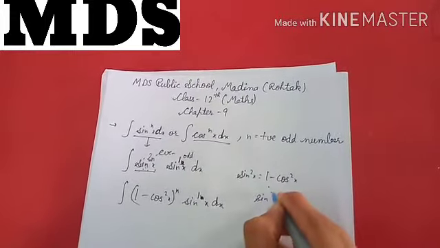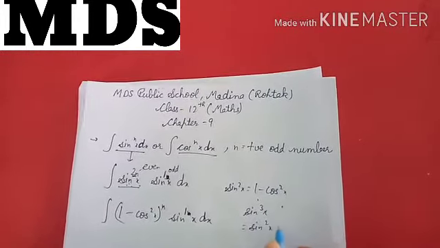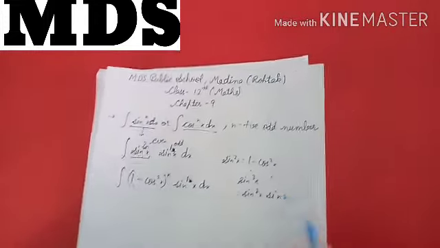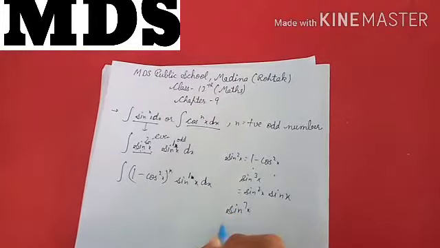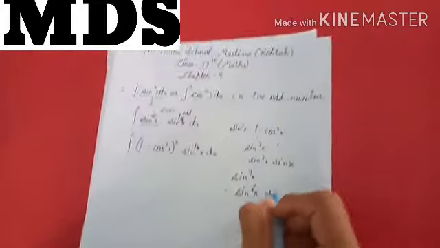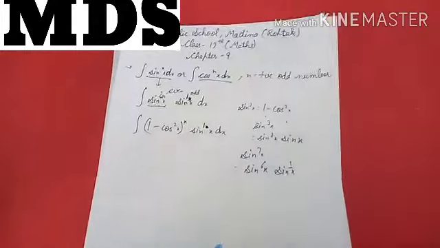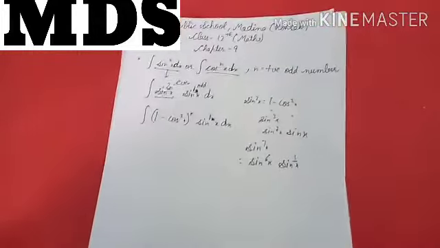If you take sin cube x, I can write this as sin square x into sin x. Here you can see it is even power, here it is odd. If I take sin 7x, it will be sin 6x into sin x. Okay, at one place you will take the power of sin as 1 only. Okay, so we will get this.